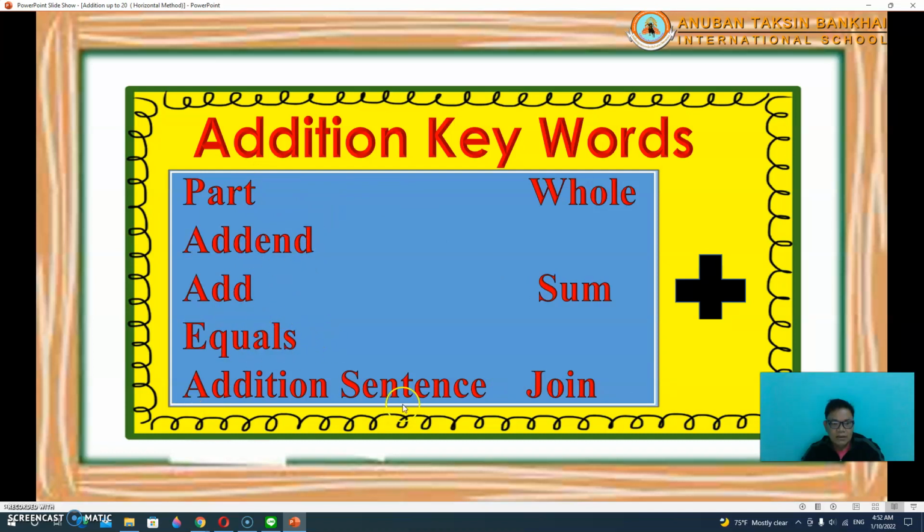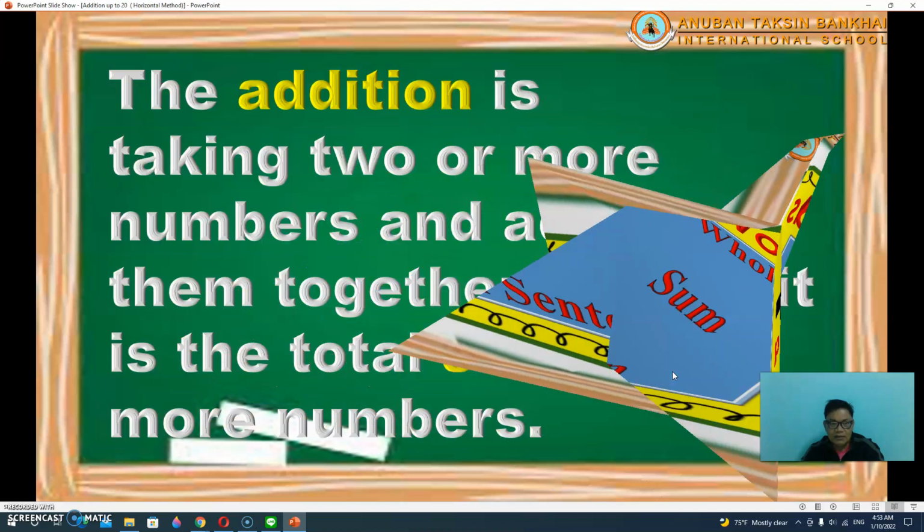These are the addition keywords. And this is the plus sign, the symbol for addition.